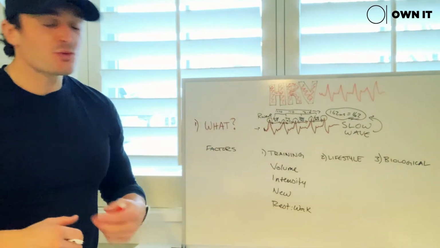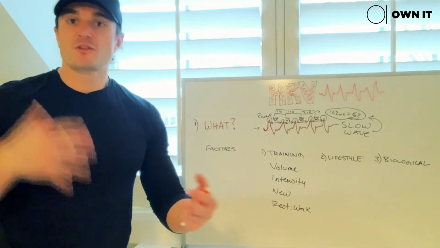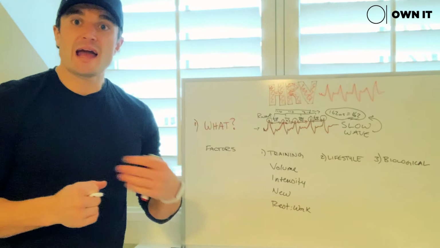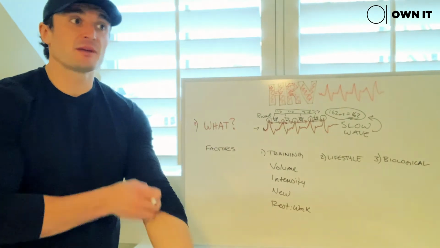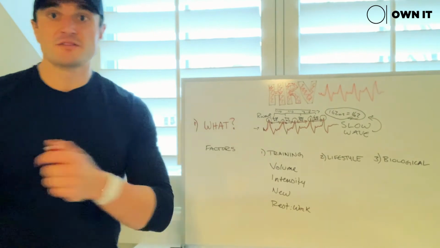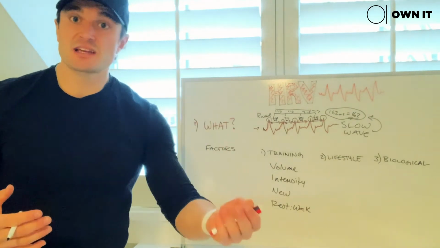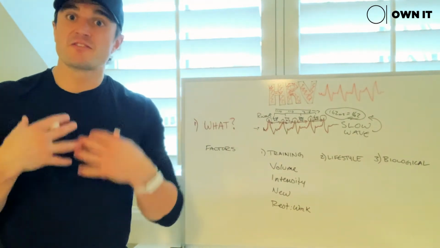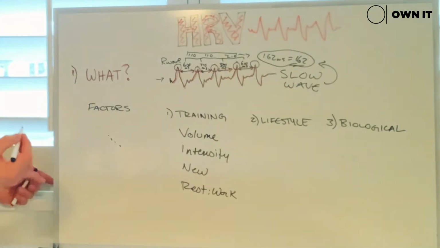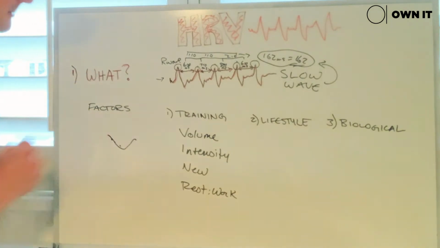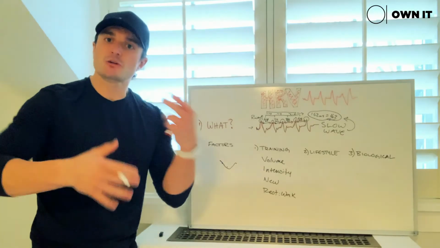And then the last one is rest versus work days. So if you add in an extra work day to your week, say it's 5 days you're working out of 7, and then you add a 6th day in there, that is going to have an effect on your HRV. And you may generally see a downward trend when that happens, but then you're going to come up and see that leveling out factor again because your body adapts to it.